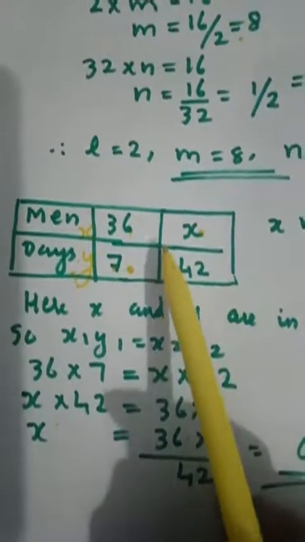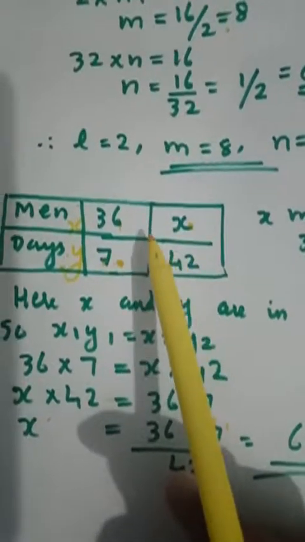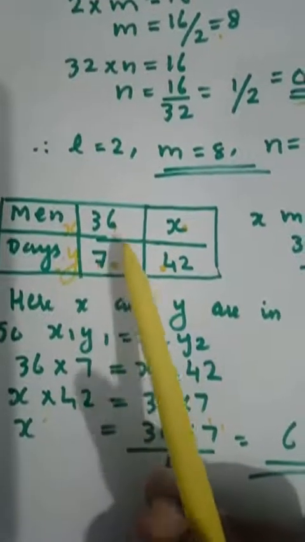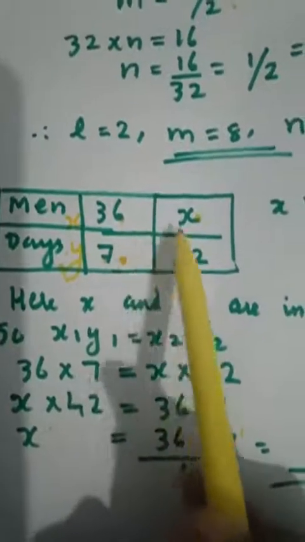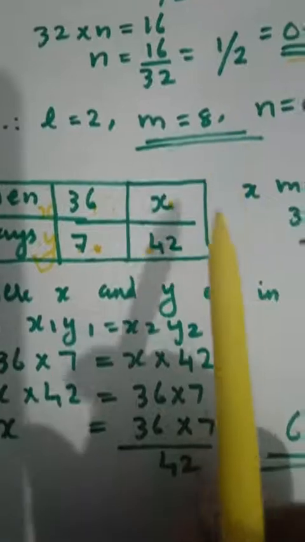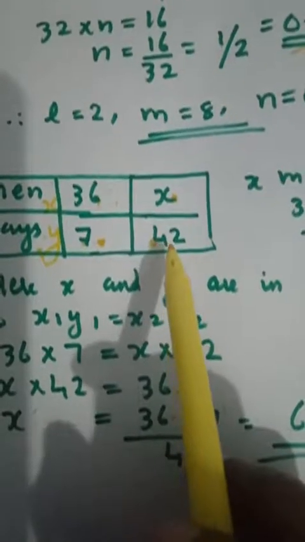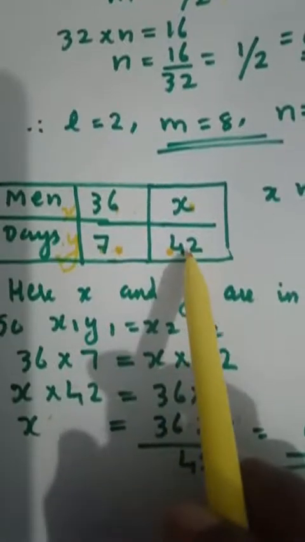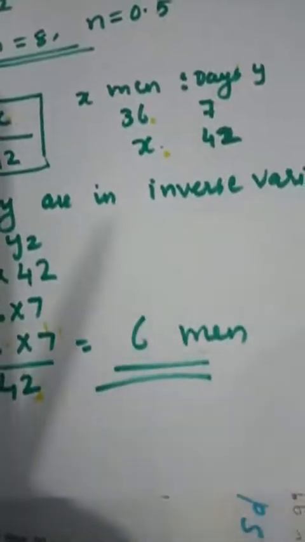This table is very important. If you get the table correctly, then the rest of the things are easy. Here men 36, days 7, and the question is how many men are needed to complete the work in 42 days. So days 42, men we don't know, so x. So the answer is 6.